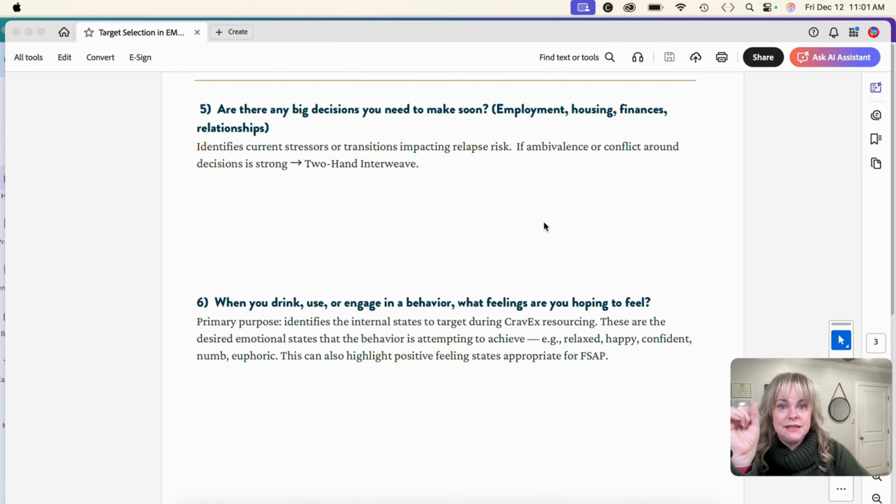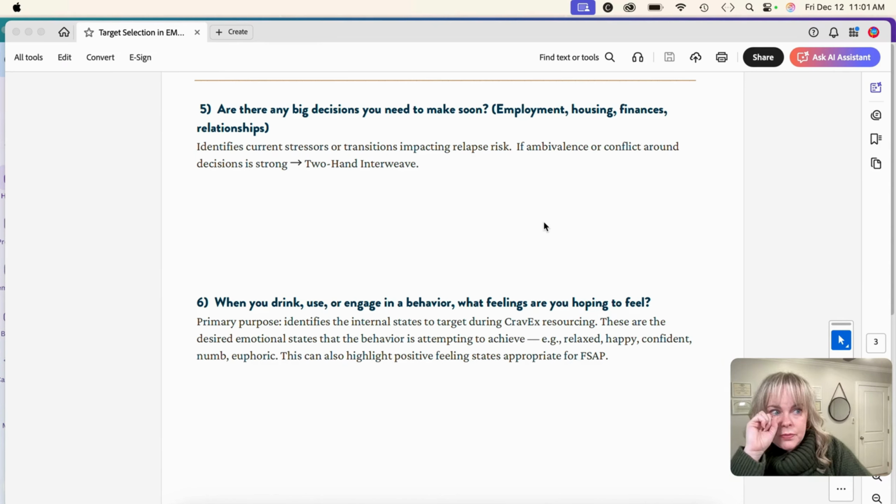Are there any big decisions you need to make soon? If you are in a residential treatment center and you're working with residents, we call them residents or clients, do they need to go on disability? How do they address employment? Do they need to live in a sober living for a period of time?